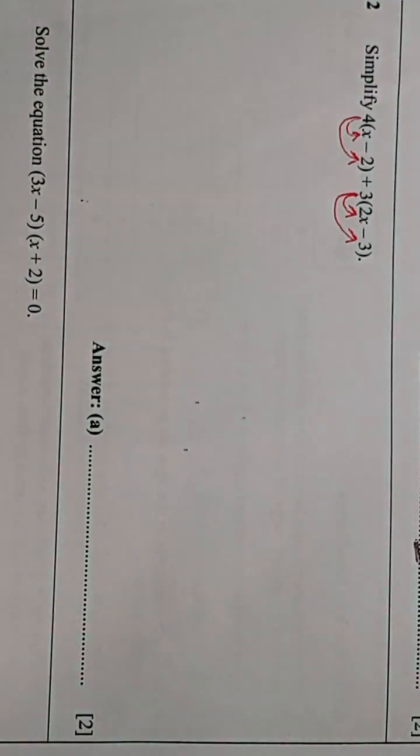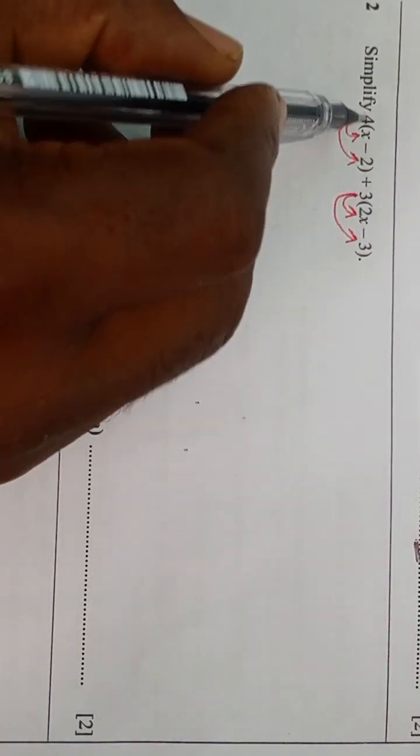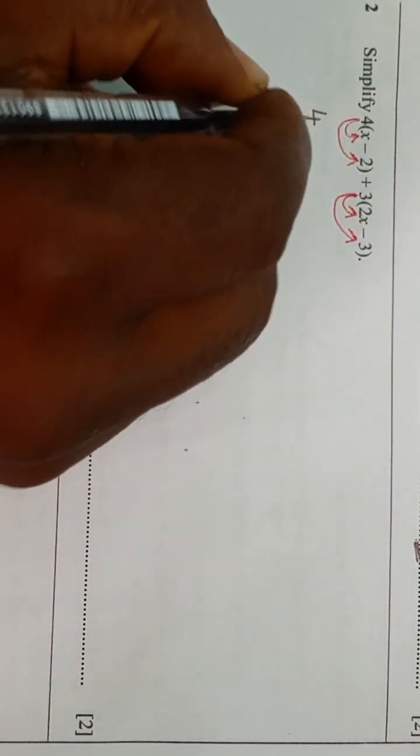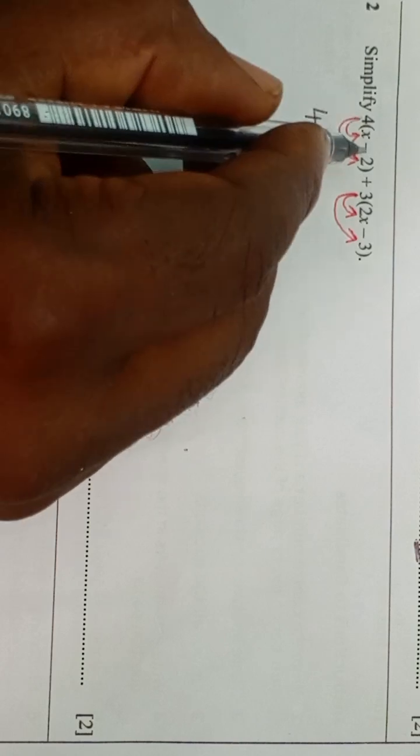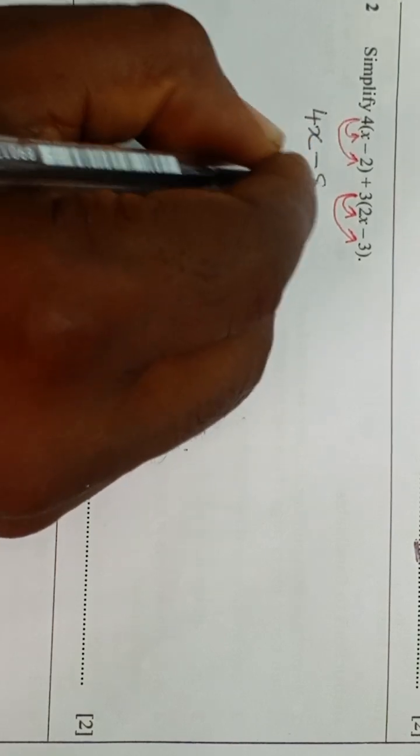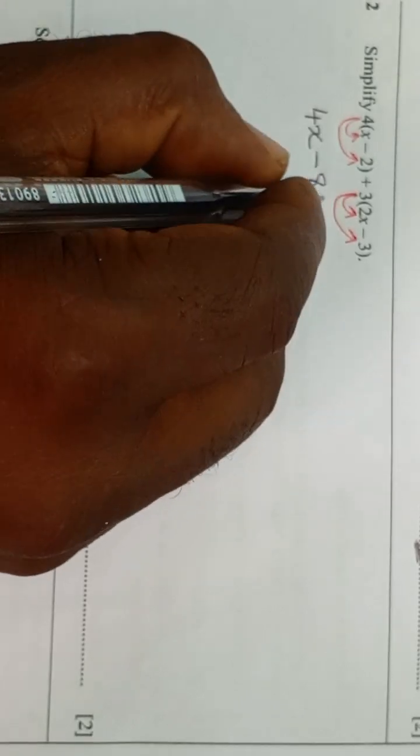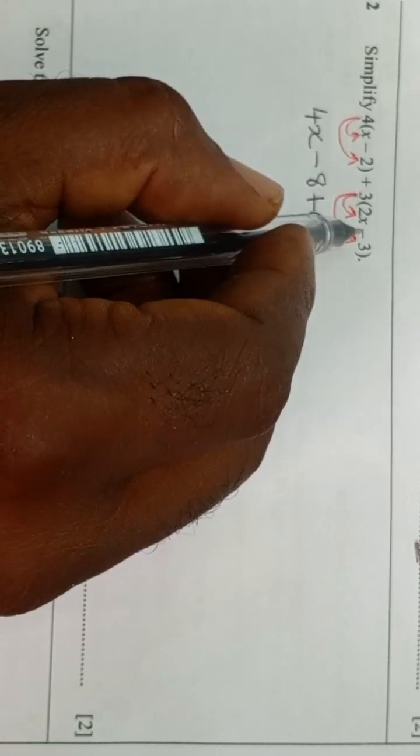So in this case, 4 times x is 4x. 4 times negative 2 is negative 8. Positive 3 times 2x is positive 6x. Positive 3 times negative 3 is negative 9.